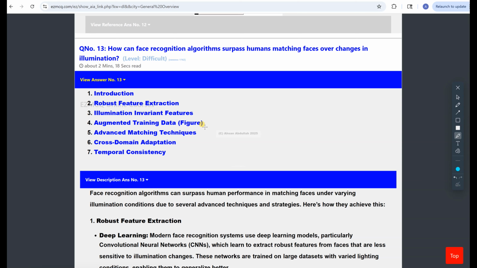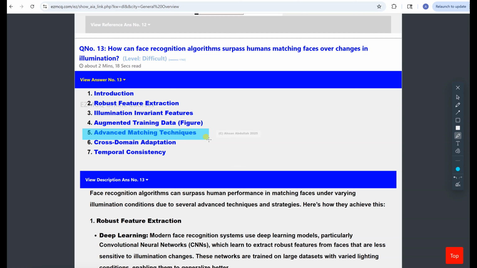Then we have augmented training data, which I have discussed with you. Advanced matching techniques: this course is not about image processing, just to give you an idea. Those techniques are called metric learning, which I'm not discussing, and attention mechanisms. They help in identifying the relevant features by minimizing the lighting effect, because if the lighting effect is taken into consideration, then the recognition would not surpass human recognition.